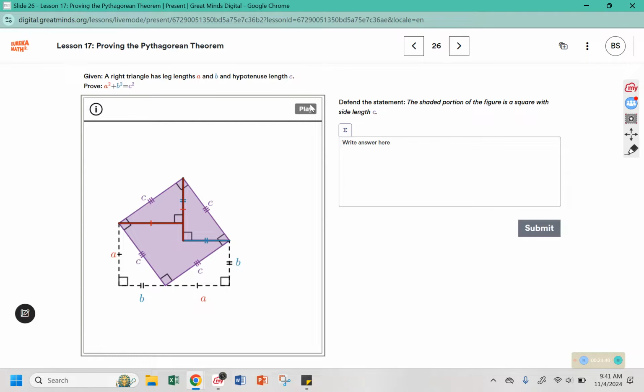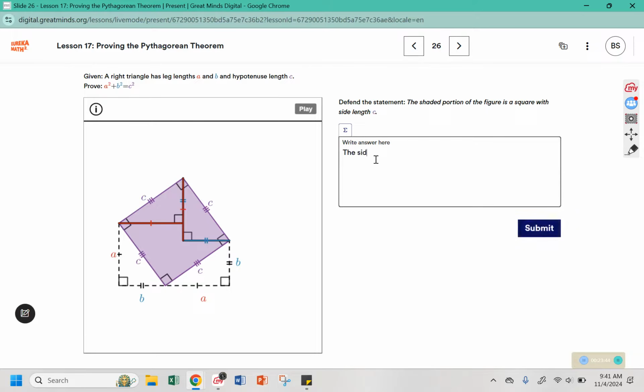Defend the statement. The shaded portion of the figure is a square with side lengths c. The side lengths are all equal to c, and we just showed that the angles in the corners were 90 degrees, so that makes a square.